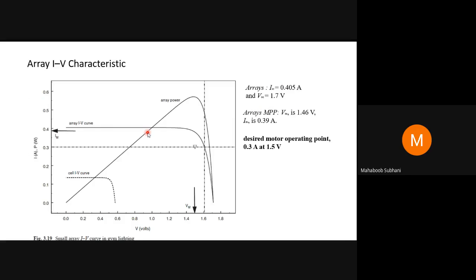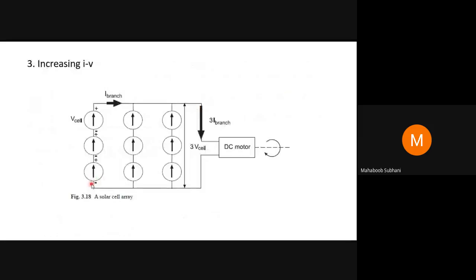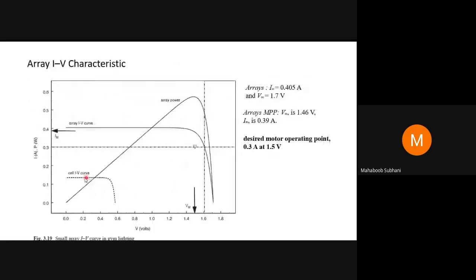If you cluster all of them and plot a single IV curve for the whole array, this is what it looks like, and this is the array power. This is with respect to a single cell in an array, so the values are much lower than the array.